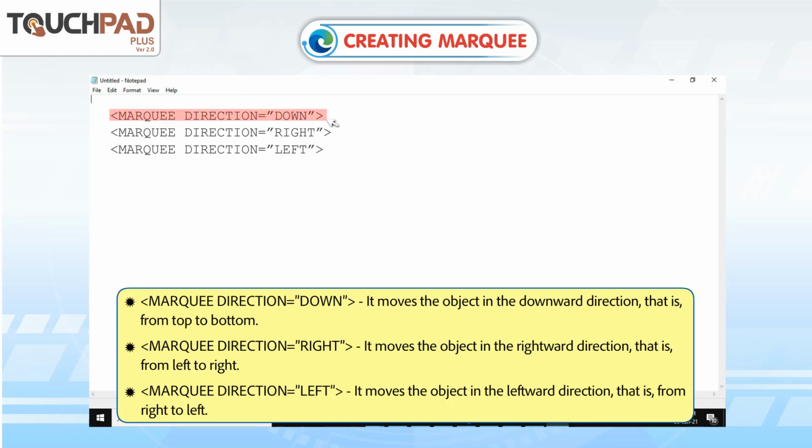It moves the object in the downward direction, that is from top to bottom. Marquee direction equal right. It moves the object in the rightward direction, that is from left to right. Marquee direction equal left. It moves the object in the leftward direction, that is from right to left.